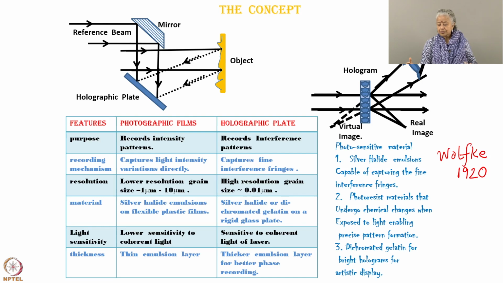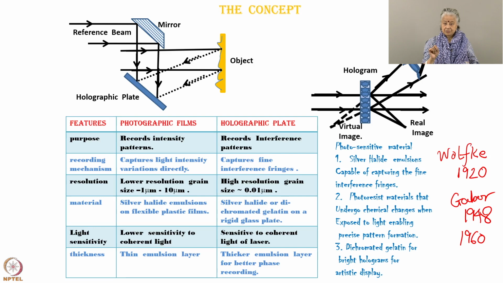All scientists forgot about it and they were not working on it. Then once again, a British scientist, Gabor, spoke about it somewhere in 1948. And by 1960, the laser was invented and holography took off in a very big way, all because lasers had coherent light.